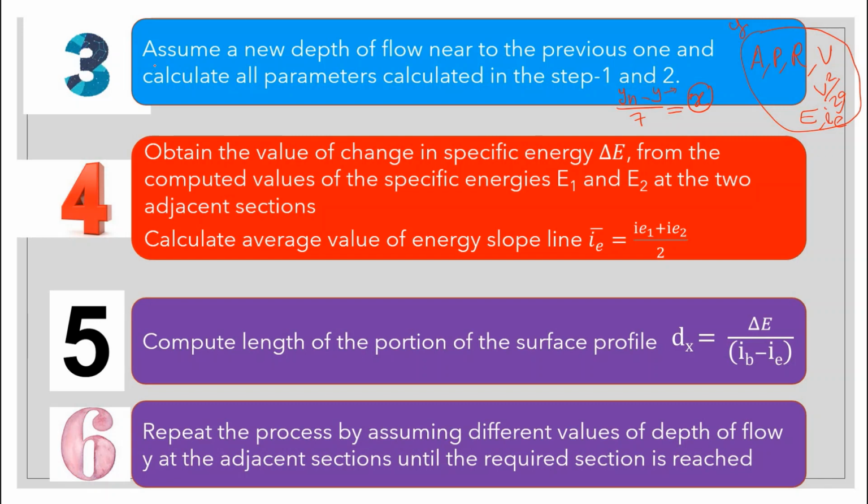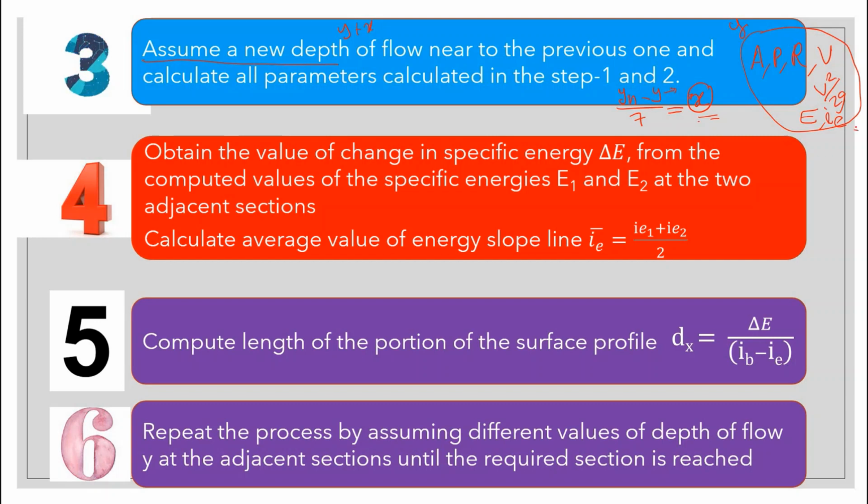Here I have written assume a new depth, but instead of assuming, we should do it like this. First find the value x and add that x to the given depth. Then you will get the new depth. For that new depth, that is y plus x, you have to calculate all the parameters. So that is the third step.